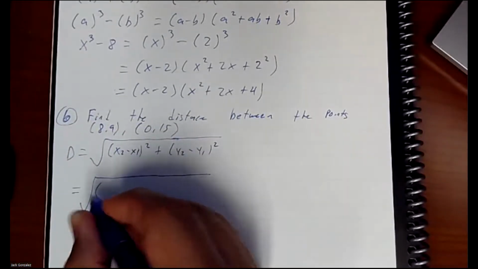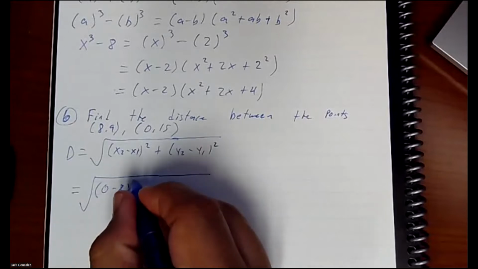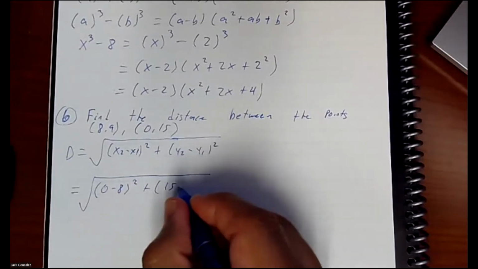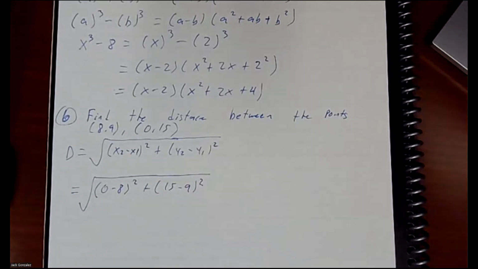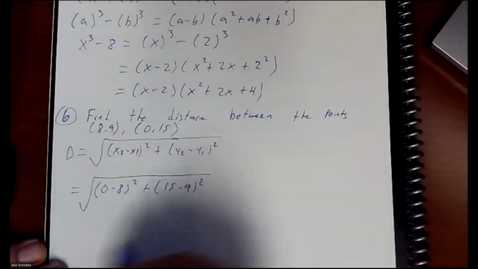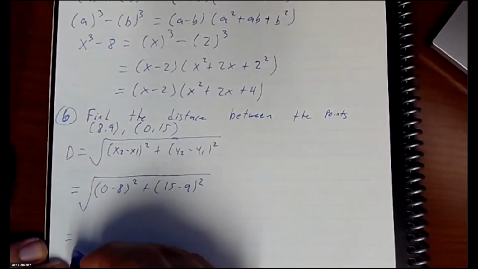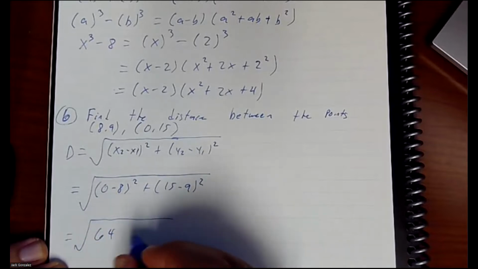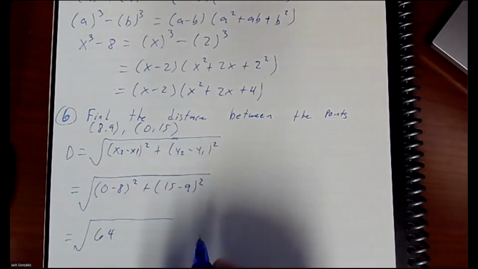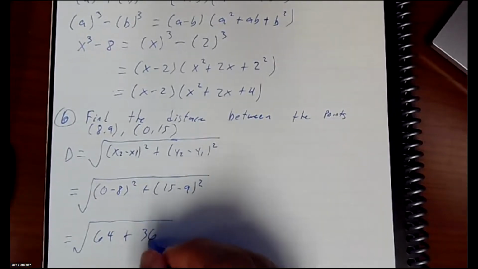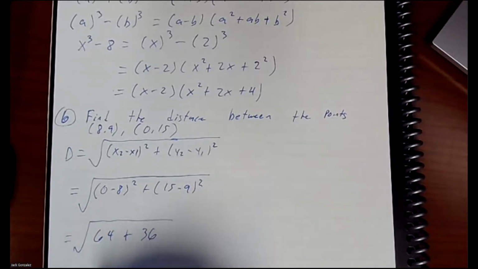So this will be 0 minus 8 squared plus 15 minus 9 squared. Okay, so that will be 64, and 15 minus 9 is 6, right? 6 squared is 36. Should be 10.